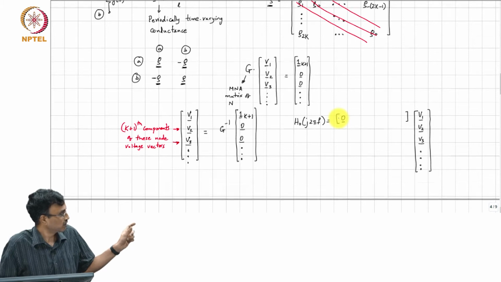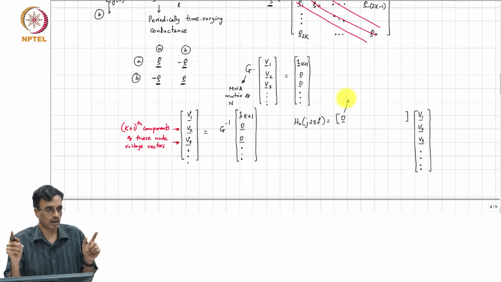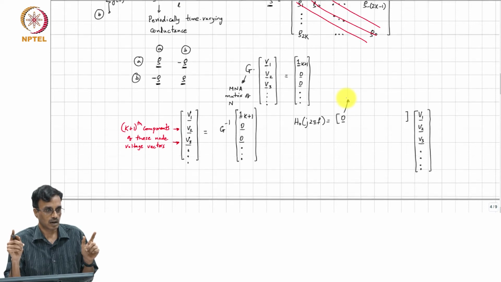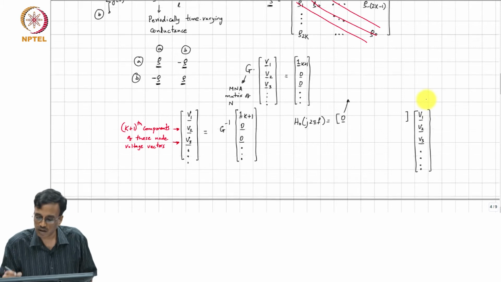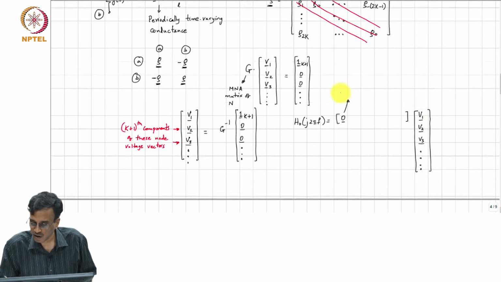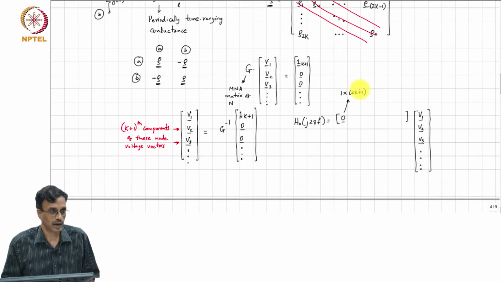What kind of vector is this? Is it a row vector or a column vector? This V 1 is a column vector, so it has to be a row vector with 1 row and 2k plus 1 columns, right.